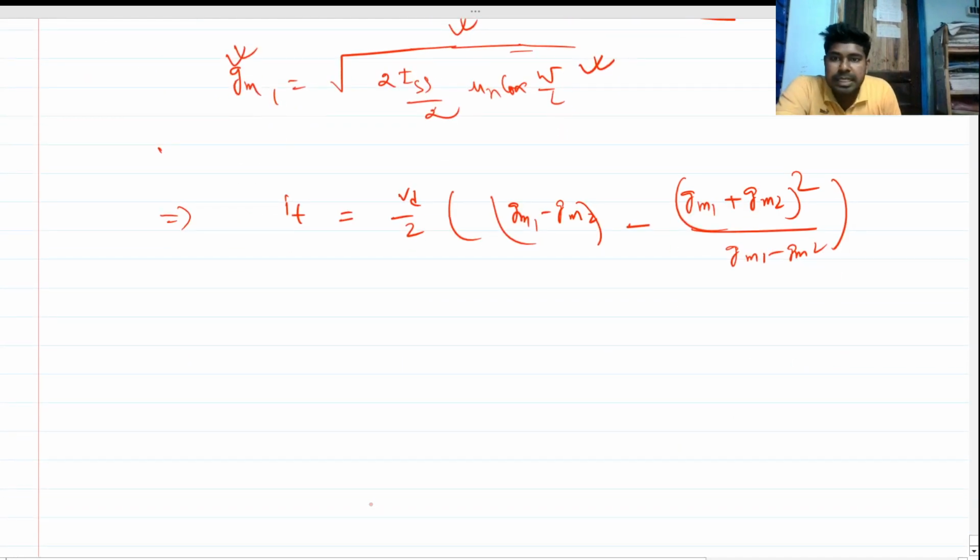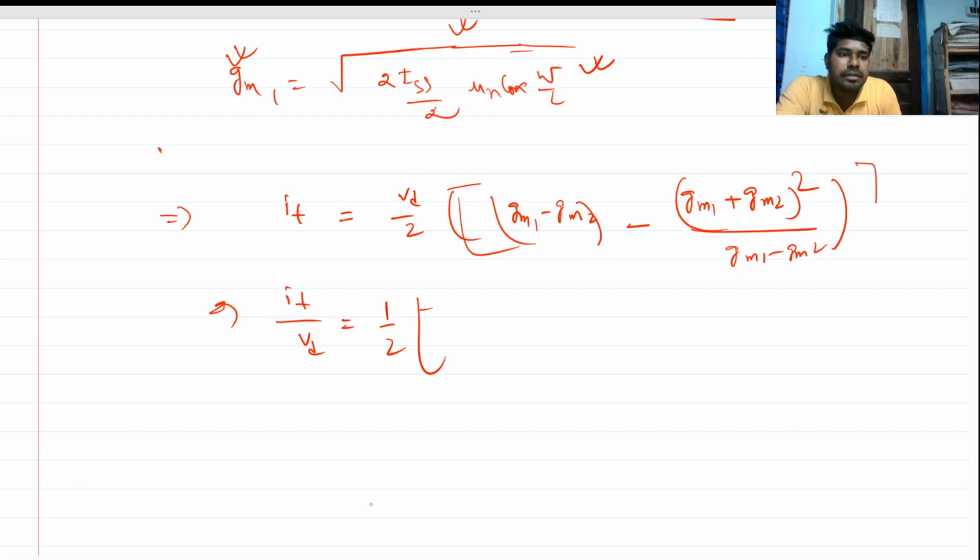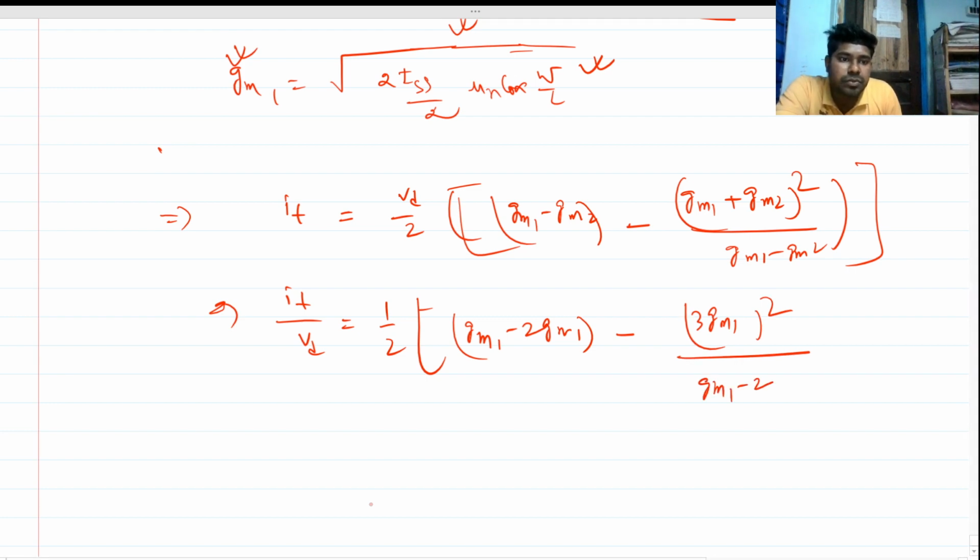So now we have to just take IT by Vd. So this will be half of this, right? Now if we put, this will be Gm1 minus 2 Gm1, right? Because Gm2 is nothing but 2 times Gm1, and minus, so this will be 3 Gm1 whole square divided by Gm1 minus 2 Gm1.